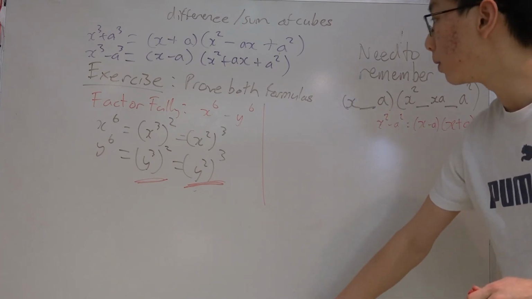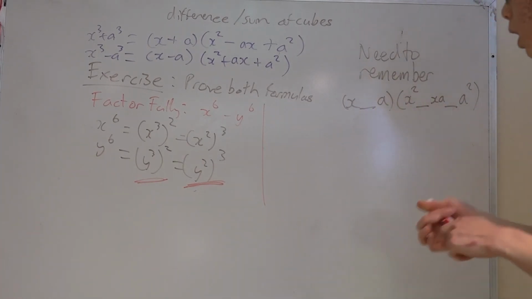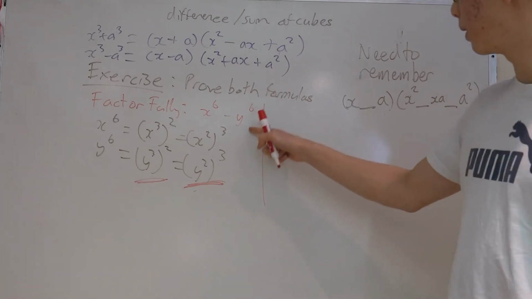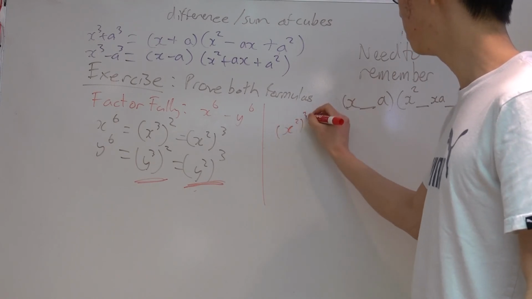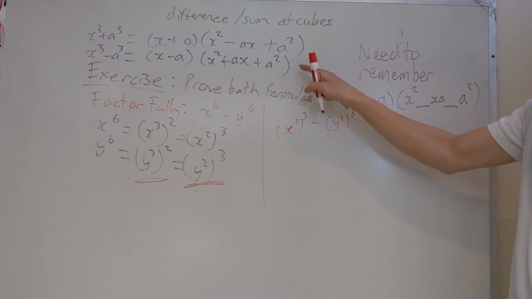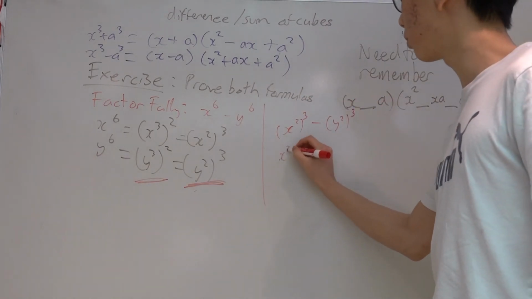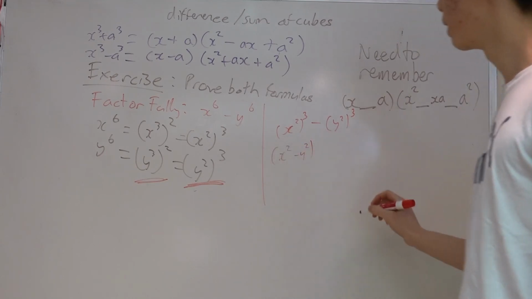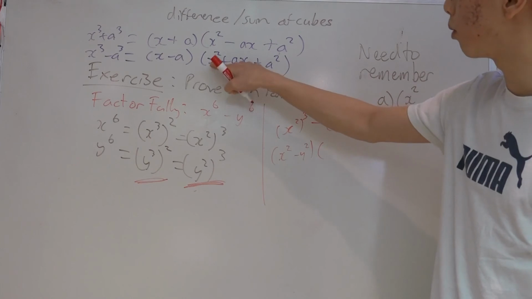Okay, so now we're going to treat this as a difference of cubes. What we're going to do is rewrite this question as x squared cubed minus y squared cubed. Okay? Applying the difference of cubes formula here, what we're going to get is x squared minus y squared times, okay, x squared, so we have to square this thing.